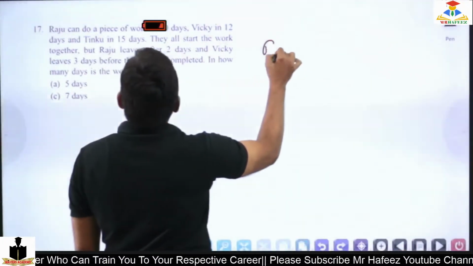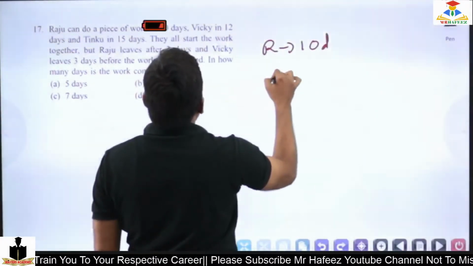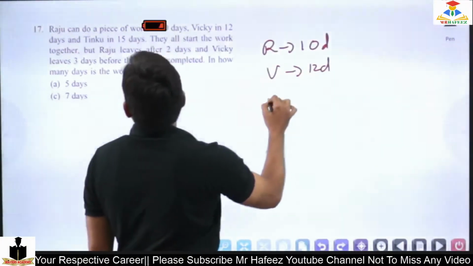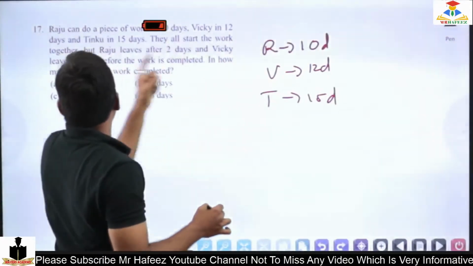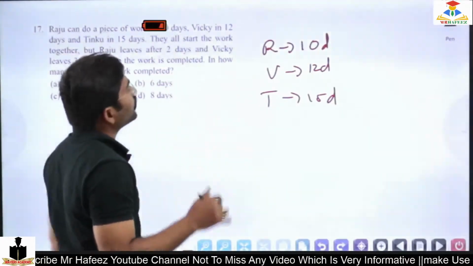Raju can do a piece of work in 10 days, Vicky can do it in 12 days and Tinku can do it in 15 days. They all start the work together, but Raju leaves after 2 days.